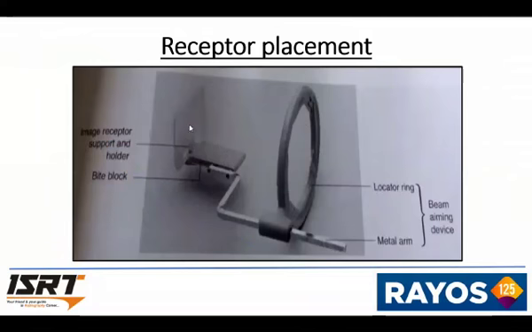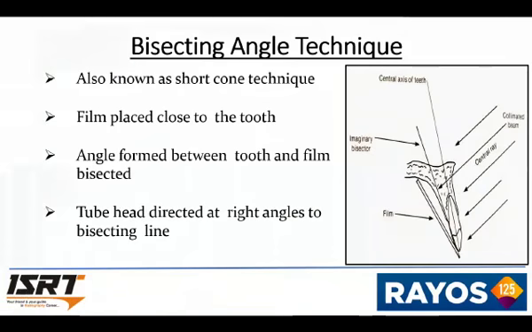This is the film receptor or image receptor holder, where the film or the image receptor is kept. And this area is called the bite block, where the patient is biting the film. And there is a metal ring attached, and the distal end of this is attached to a locator ring, where we keep the cone of the X-ray beam directed to the locator ring.